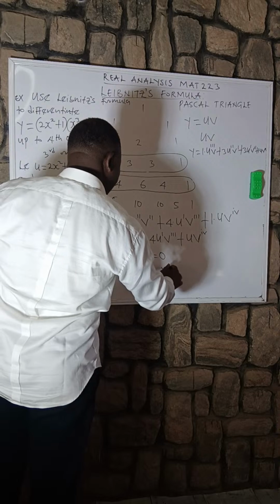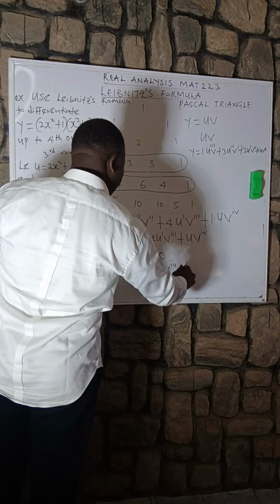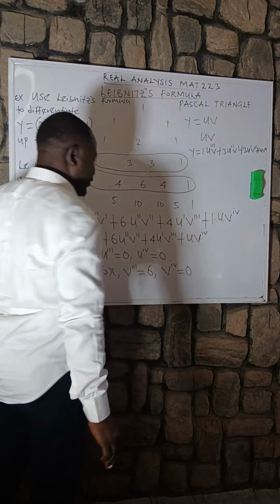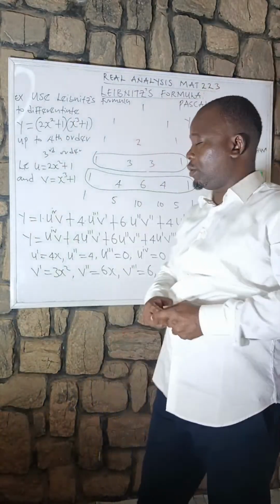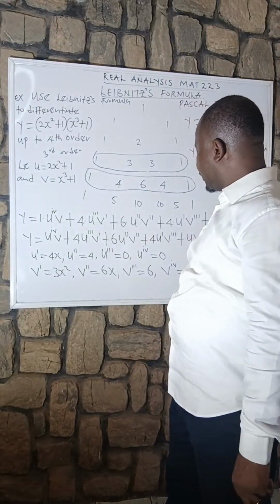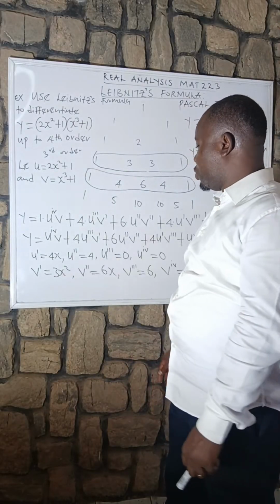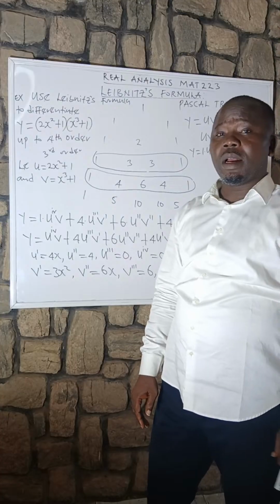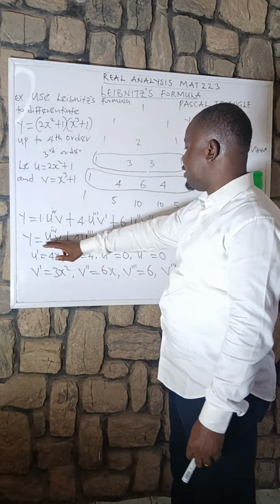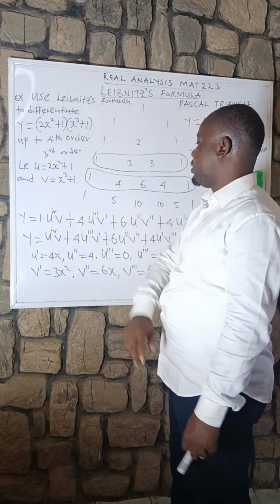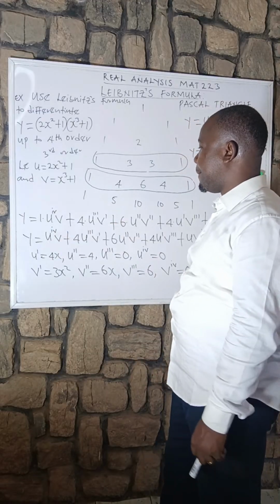Then V IV is equal to 0. Are you following? Do you understand what I'm trying to do? So this is what you are going to do. Then at the end you are going to substitute these values into this formula.